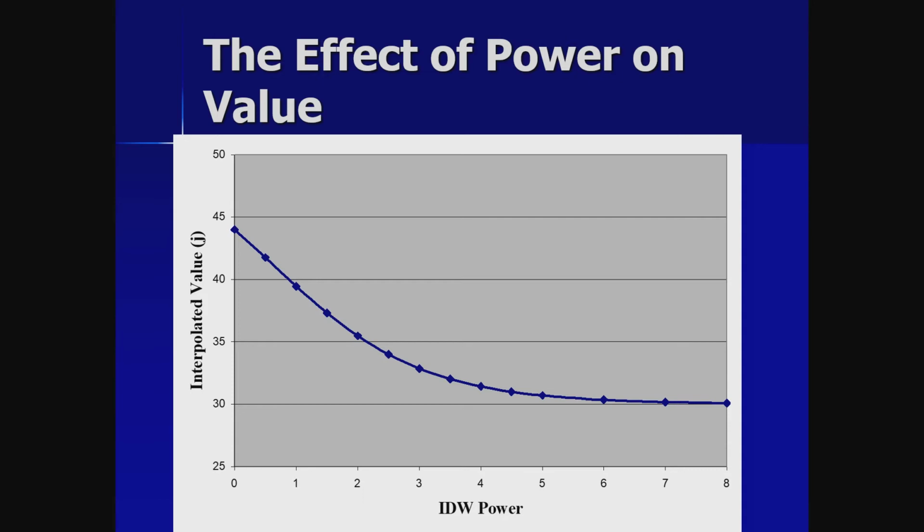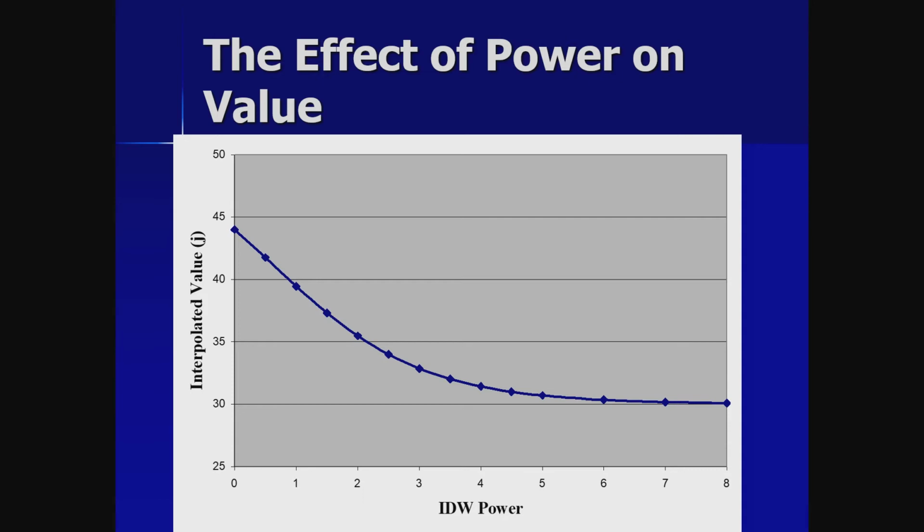So your interpolated value is usually going to go down because you're stressing the nearest point more. As you go this way, you're stressing the nearest point more. As you go this way, you're stressing the nearest point less. You're averaging the other points more. So it'll be smoother more towards the 8. Right? I mean, sorry, I guess I said that wrong.